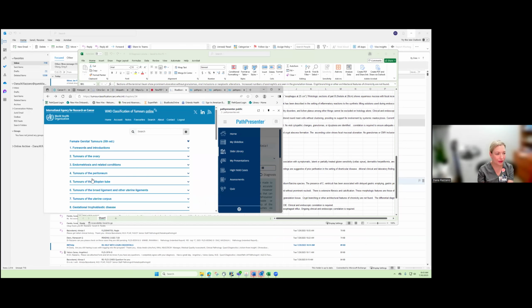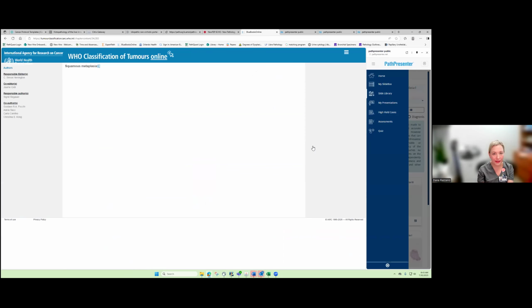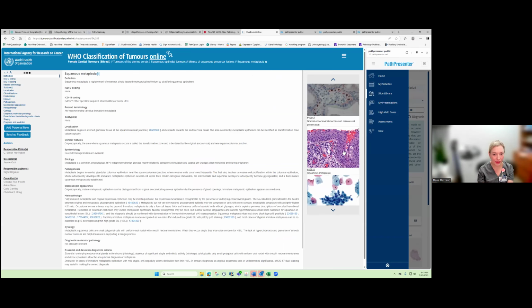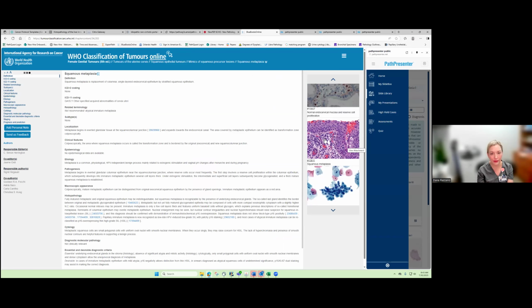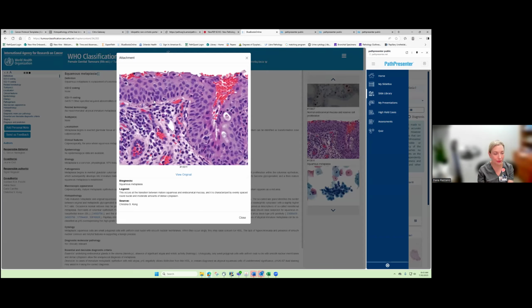If you're looking at the cervix, there's a couple of things that you should be aware of before you start thinking of neoplasia. And one of the mimics is squamous metaplasia. And so again, go to the WHO, look at what these mimics are, it has a little section. At first glance, I remember being tricked in residency in a slide presentation and saying, oh, I think that's dysplastic. And you'll kind of just train your eye to recognize this metaplasia.